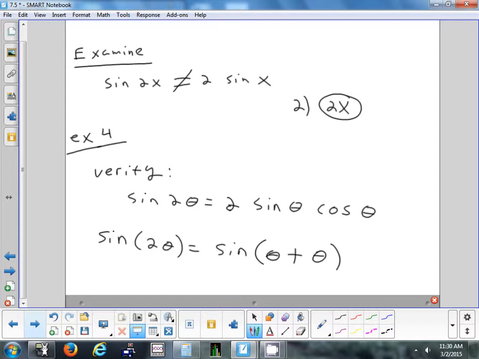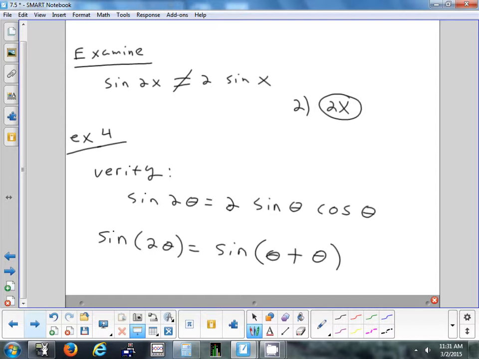Now, Andy, what do we have on the right-hand side now? This is a what? Something special we studied today. There's a name for this. Just look at the expression.